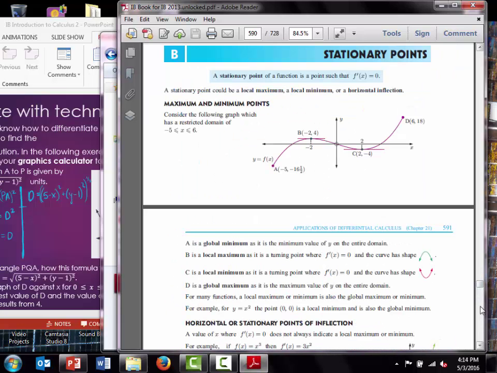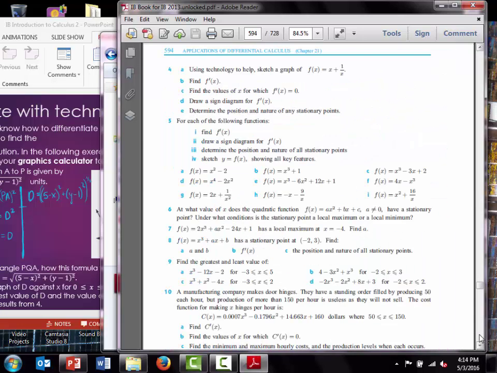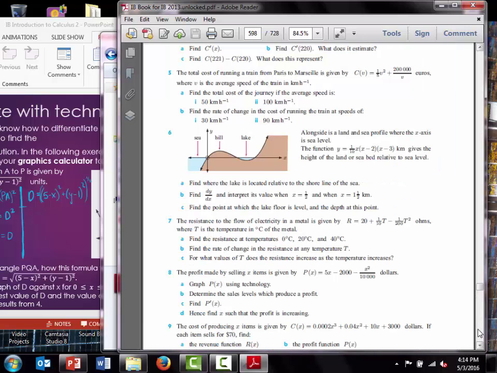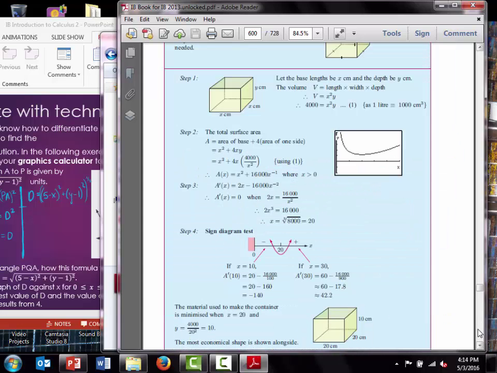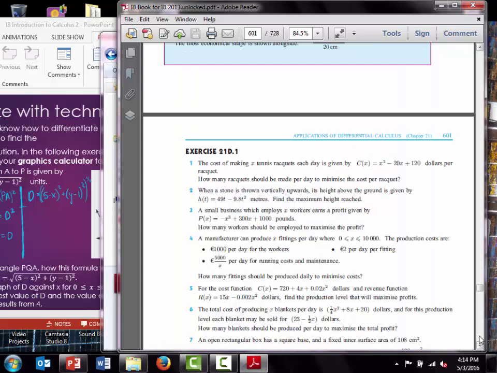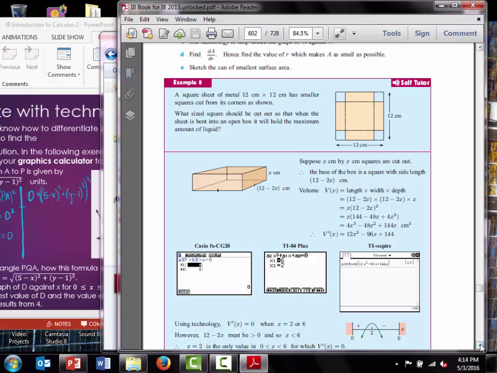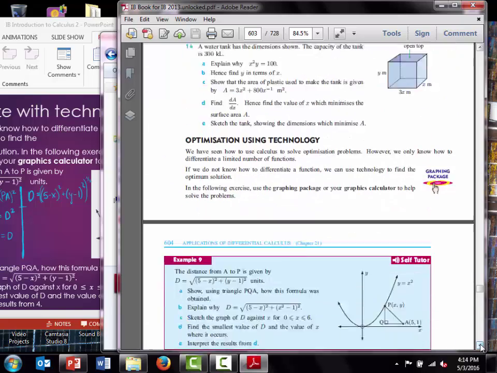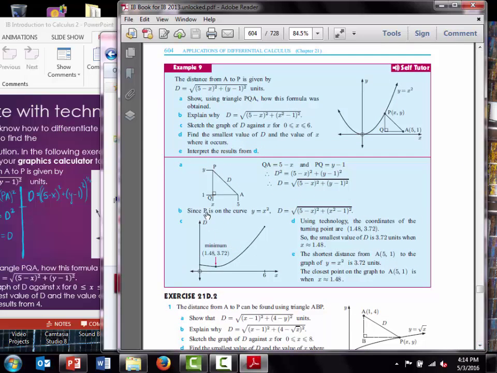They don't have this kind of stuff. Rate of change. Organization. Oh, here it is. Okay. What do they have you do here?